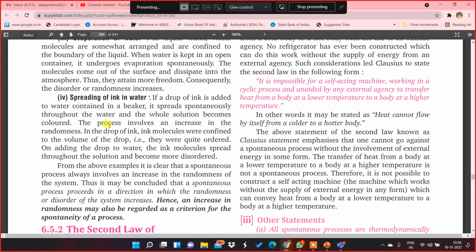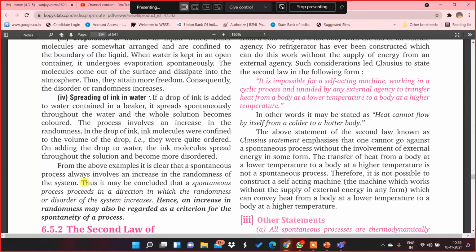The process involves an increase in the randomness. So this is also one condition for spontaneity. Randomness or disorder both have to be together, hand in hand, so that the process is what we call spontaneous.